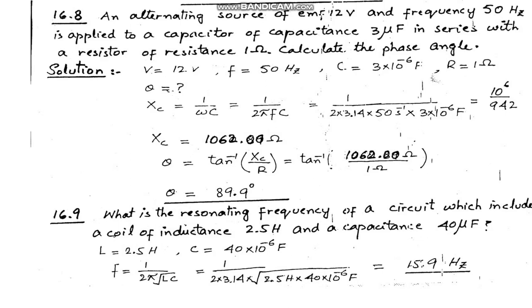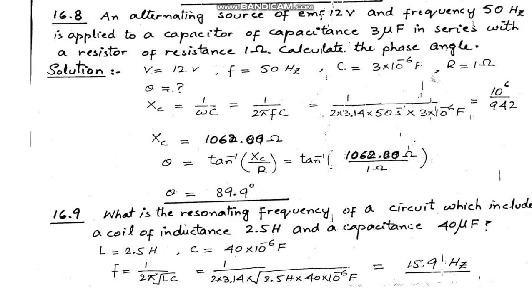Question number 9. What is the resonating frequency of a circuit which includes a coil of inductance 2.5 H and capacitance 40 microfarad? Given data: L is equal to 2.5 H, capacitance C is equal to 40 multiplied 10 to the power negative 6 farad. These two values we put in the formula.